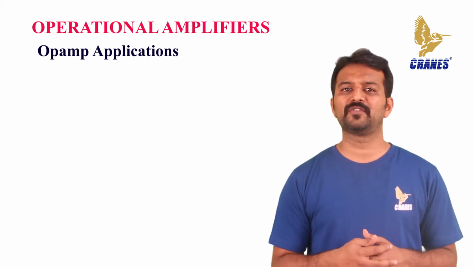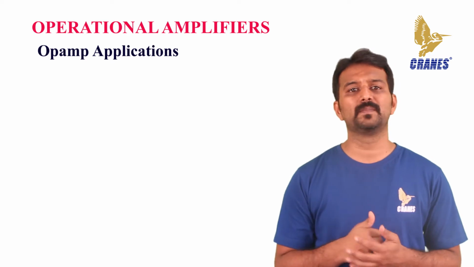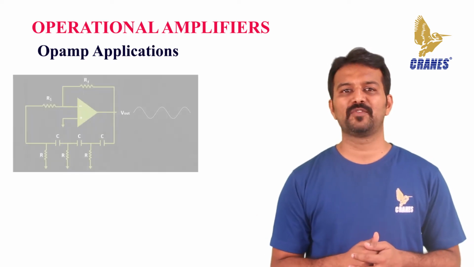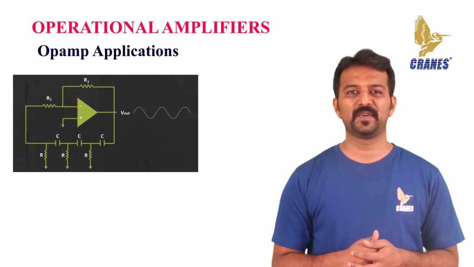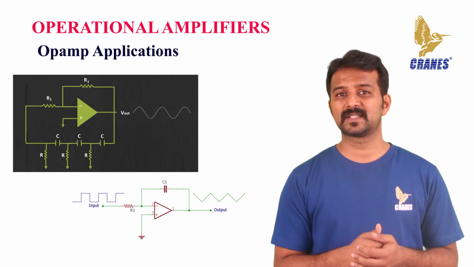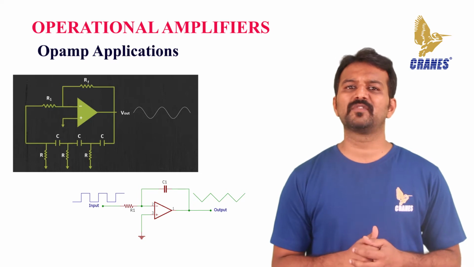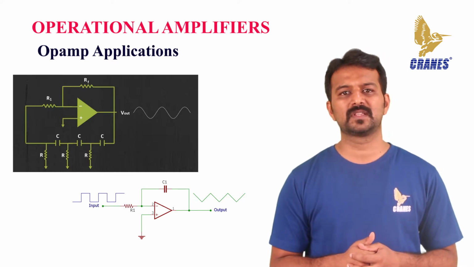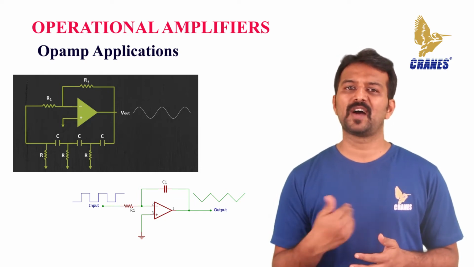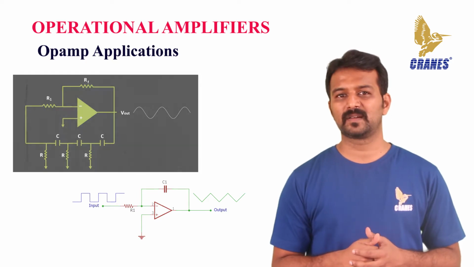By using negative and sometimes positive feedback around the op amp chip, they can be used in many applications and circuits to provide a variety of different functions from amplifiers and filters to oscillators, integrators, and many other functions. There are many op amp circuits that cover most of the main analog functions that are needed. As a result of this, operational amplifiers have become the workhorse of the analog electronics designer.